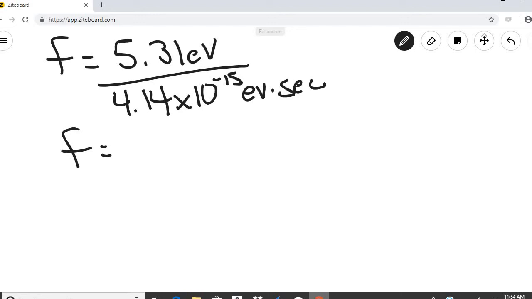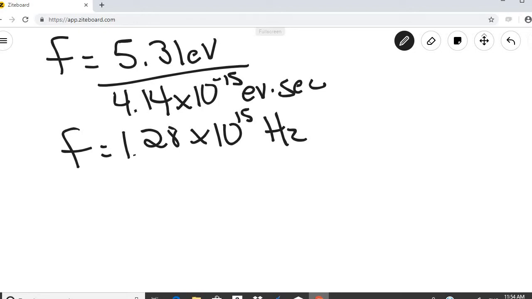So the frequency should actually be 1.28 times 10 to the 15 hertz. Okay, when we did this previously, the lowest frequency that's required for the electrons to escape from the metal will be 1.28 times 10 to the 15.